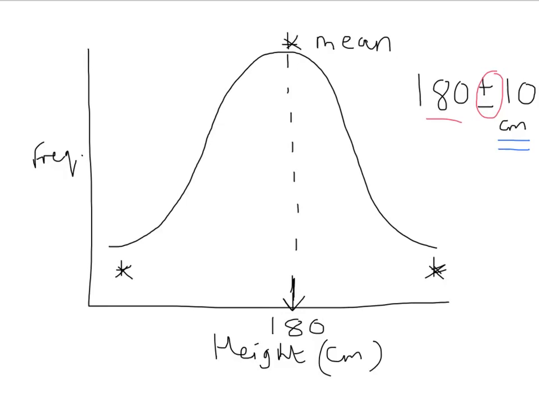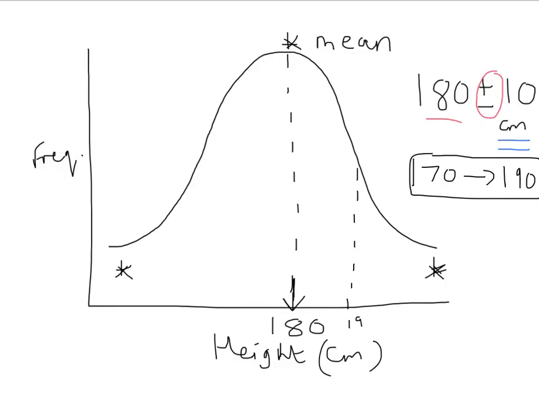So that would come to 170, ranging all the way to 190. So that's plus or minus 10 from the 180. So our standard deviation here is 10. So if we go to 190, which let's just say is here, and draw a line.